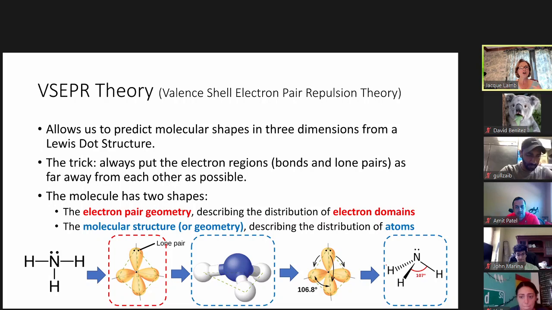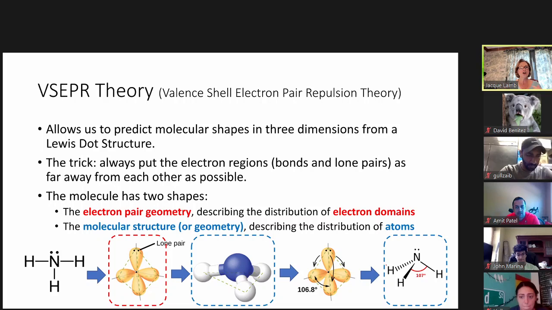But with three regions of electron density, the farthest they can get apart from each other is 120 degrees. And that is still also just flat. It's in two-dimensional space. So now we have a new name for that. We're going to call that trigonal planar. It's in one plane, so it's called planar, and the trigonal means that it's got that triangular shape.